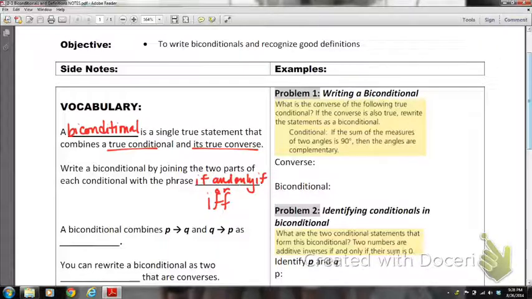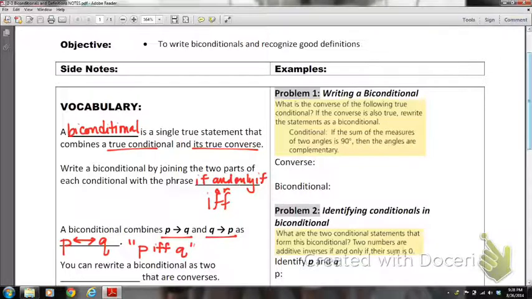So a biconditional combines "if P then Q" and "if Q then P," and it combines that together, and you write it P with an arrow going both ways, Q, and you read that "P if and only if Q."